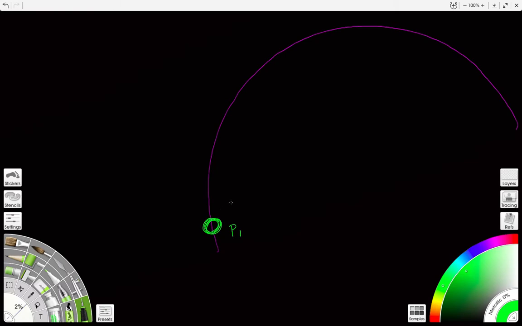The velocity vector, remember, is tangential to the path at any given point. So let's say here, tangential, let's draw it a little bit closer. Velocity 1. Now let's look at the particle when it's around here. This is P2.